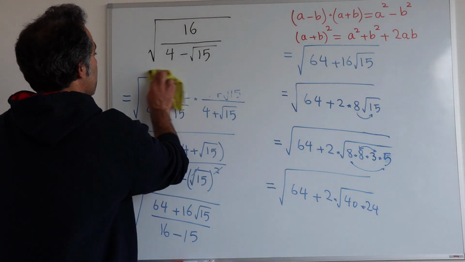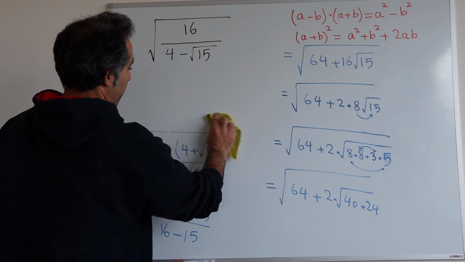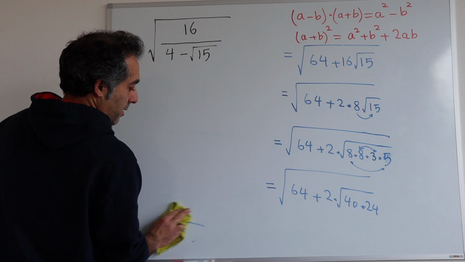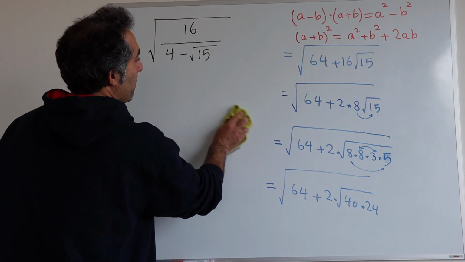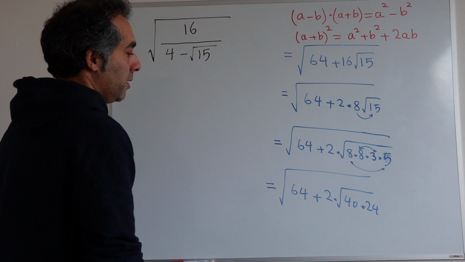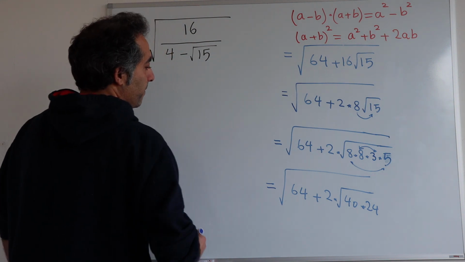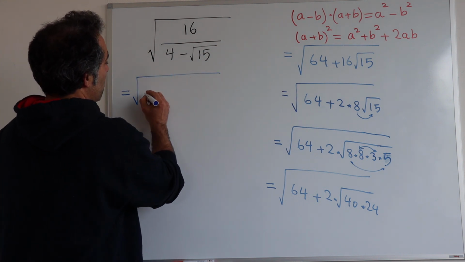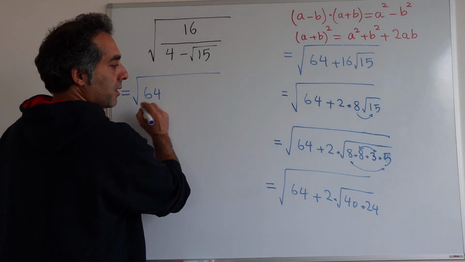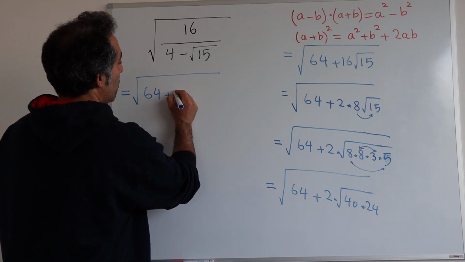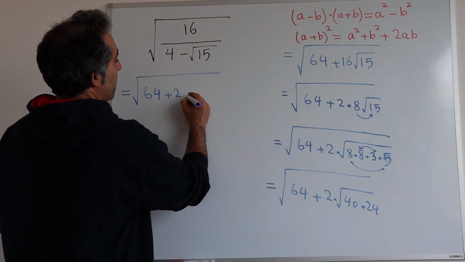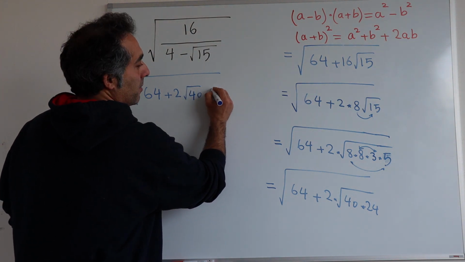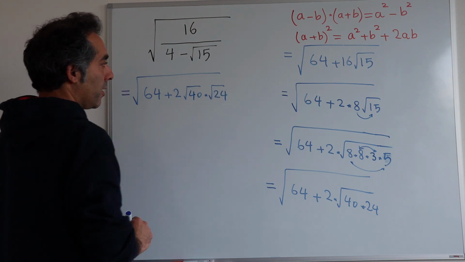I erase this side because I don't need it anymore. And I go further with this new format. Maybe it's correct, maybe not. We don't know. We just try it. Now it equals 64 plus 2, and I can break this down to a radical expression, 40 times 24.